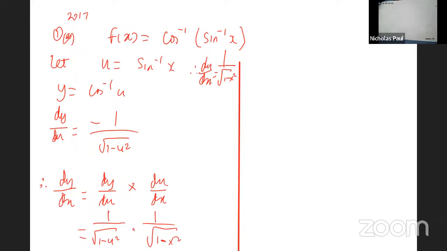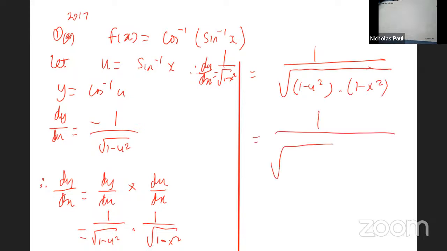Right, if you want, you could bring the two square roots together. So you'll get the square root of 1 minus u squared by 1 minus x squared. But to be honest, we wouldn't really simplify much further than that. So that'll be minus 1 over the square root of 1 minus sine inverse x all squared, multiplied by 1 minus x squared.